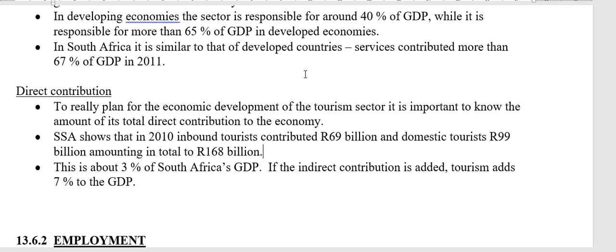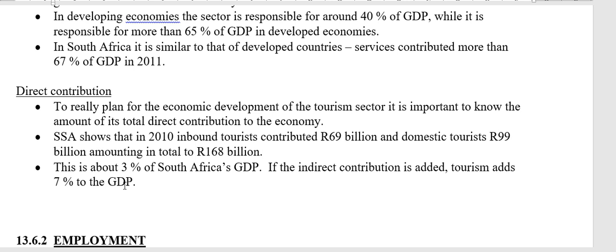And if we add the indirect contribution of only tourism, remember, earlier we referred to the entire tertiary sector. This is not only tourism. If we include the indirect contribution of only tourism, it adds about 7% of the GDP. Now, I know it doesn't sound like a lot, but there are very many different industries in our country.